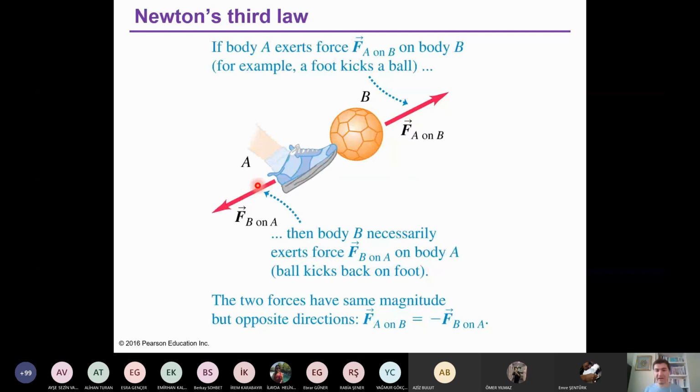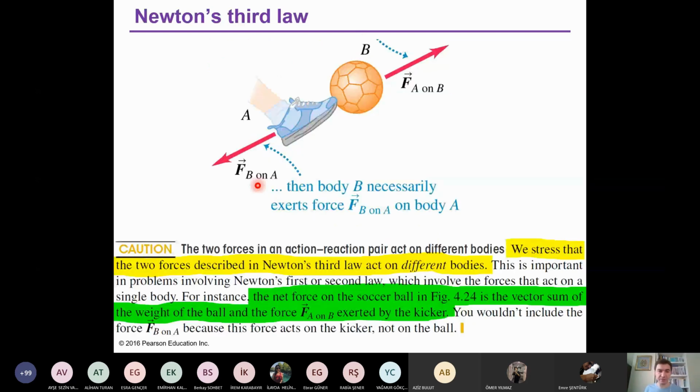So here we have a very important caution. The two forces in an action-reaction pair act on different bodies. So what is the meaning of action-reaction pair? You apply a force on the ball, and this is the action force, and the ball reacts on the foot, then this is the reaction force.